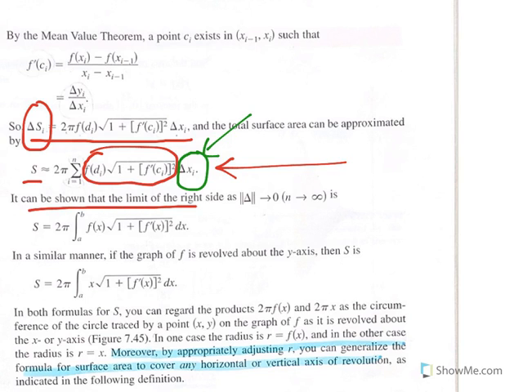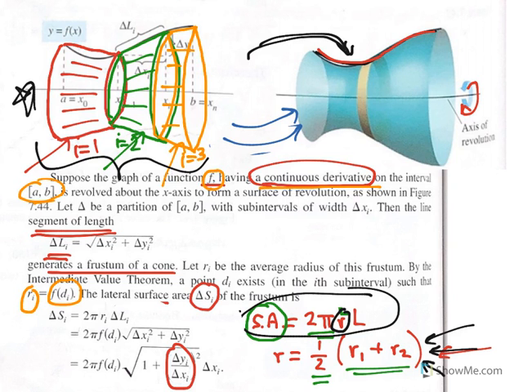It states here, it can be shown that the limit of the right side as the norm of the partition approaches 0, meaning the width of the largest subinterval is approaching 0, which means the number of subintervals is approaching infinity. So we're considering what happens as we have more and more frustums of right circular cones where the width of each subinterval is approaching 0. Then you're going to have better and better approximation.